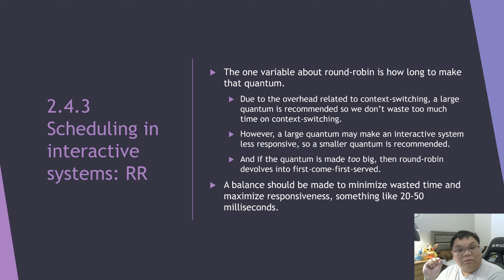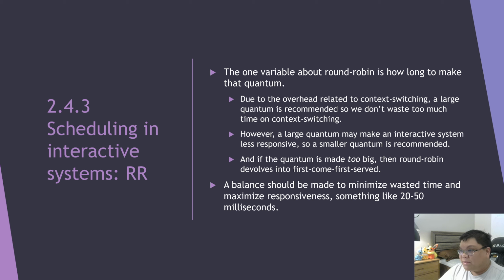So the one thing about round robin is varying how long to make that quantum. So there is overhead related to context switching. Those steps of saving the values in the registers and then loading another process's values back into those registers.